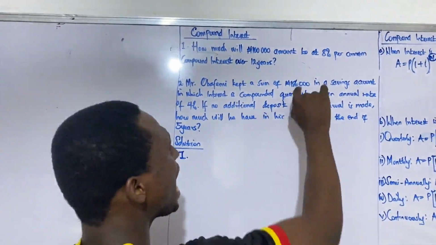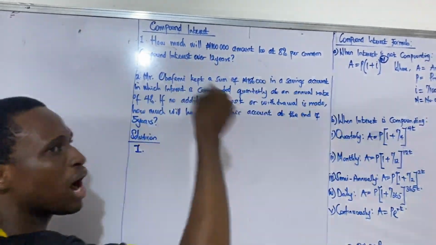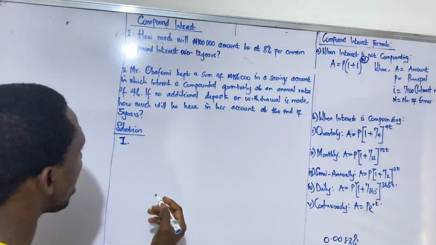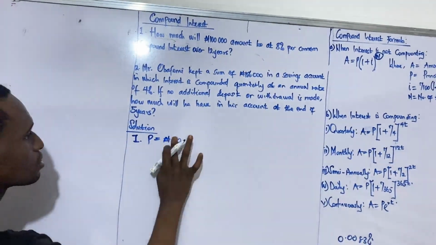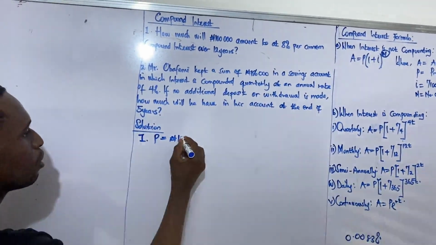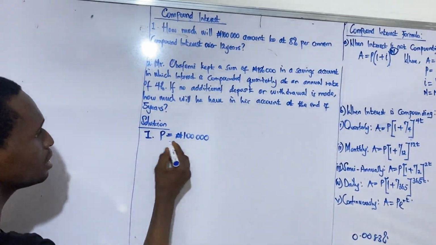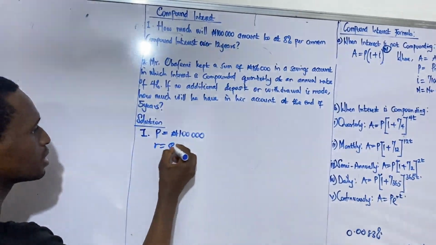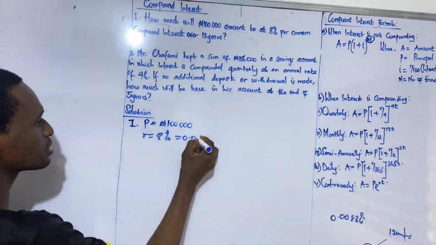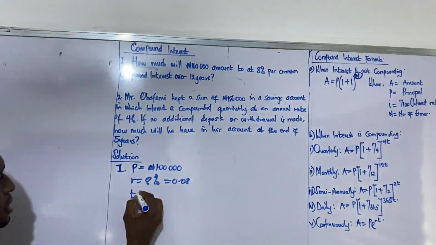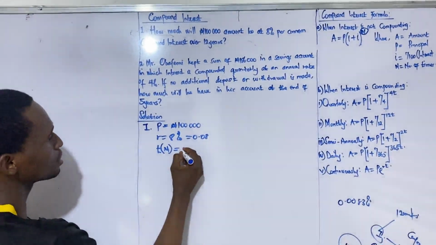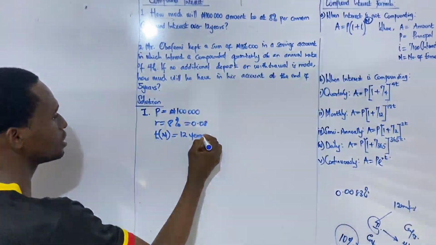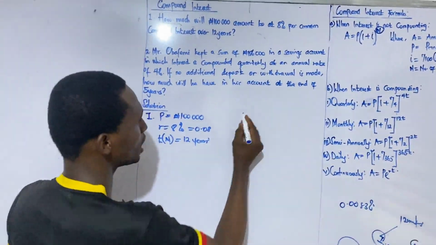So here, this 8% is an annual interest. My P is 100,000. My rate is 8%, that's 0.08. Then my time, which is also known as my N, is 12 years.